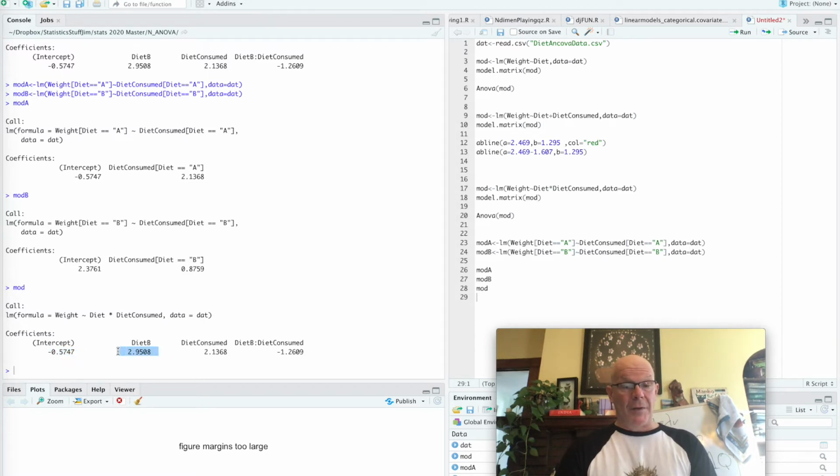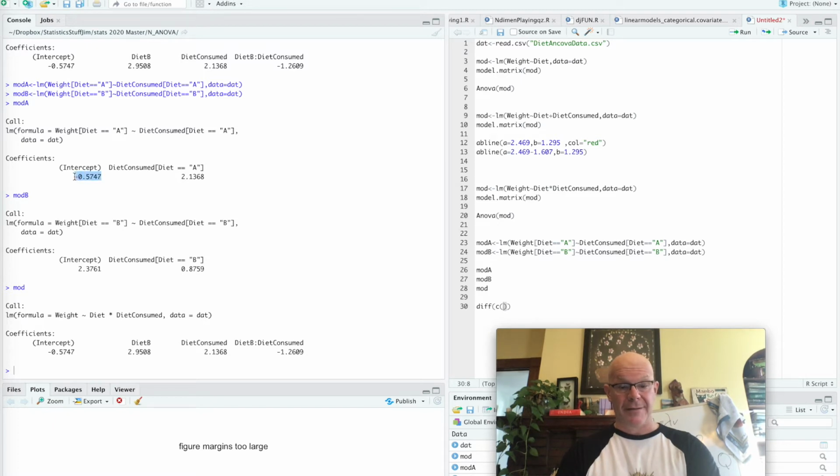Looking at our big model, we can think about where does this 2.9508 come from? And that is going to be the difference on average between the expected value, the intercept for A, and the intercept for B. And so if I were to use this built-in function in R called diff, which will give me the difference between two values, I can just go ahead and pop those values in there.